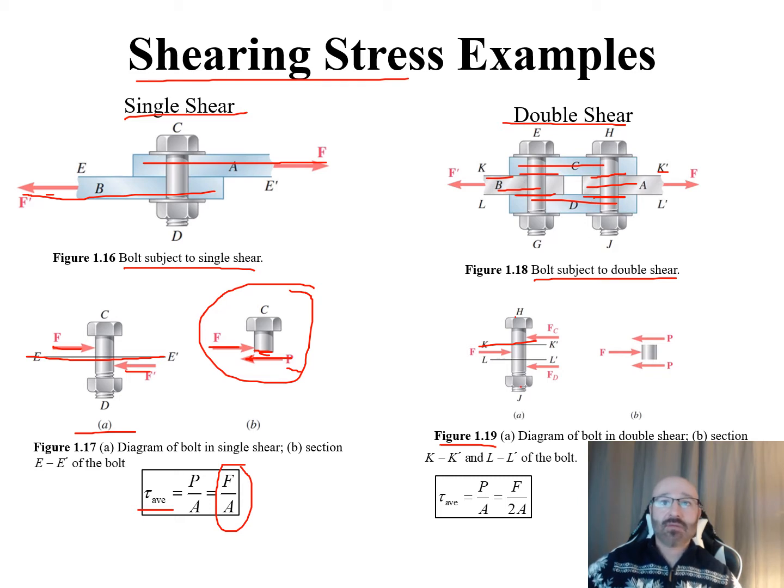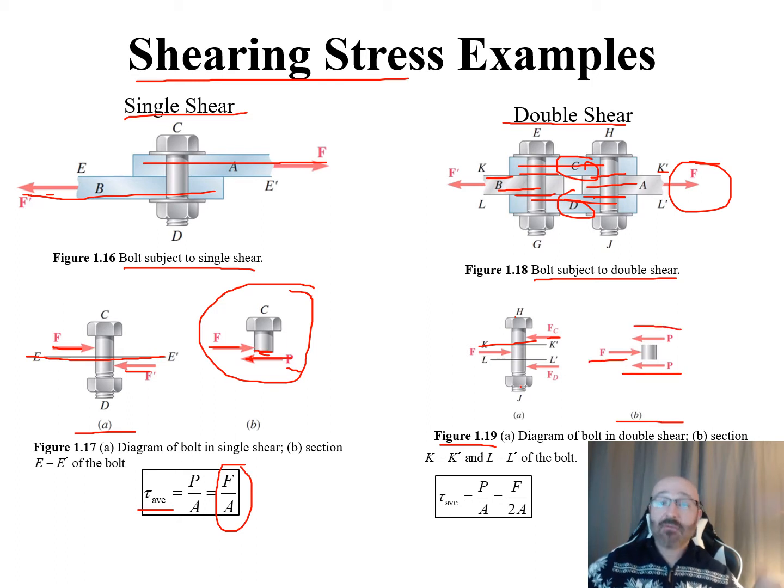Our F sub C and F sub D correspond to these members pulling out. So you have those three forces acting on the bolt from this double shear. So those are your shear forces. We then go over to B and take a look at our section view. We can see there's our shear force P, and our F force coming in like that.